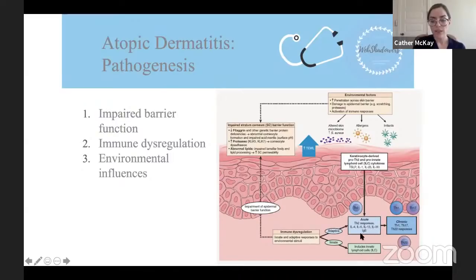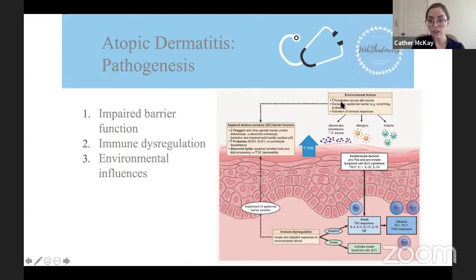Knowing this pathway has allowed us to develop some really good medications. And in more chronic disease, it sometimes converts to a Th1, Th17, or Th22 response, so the adaptive immune system plays a big role in this.